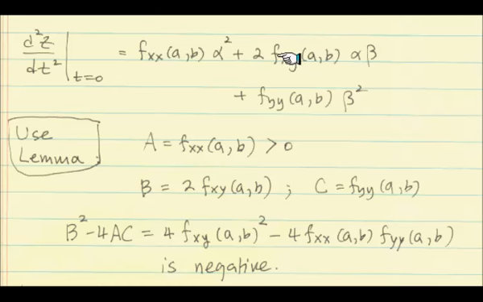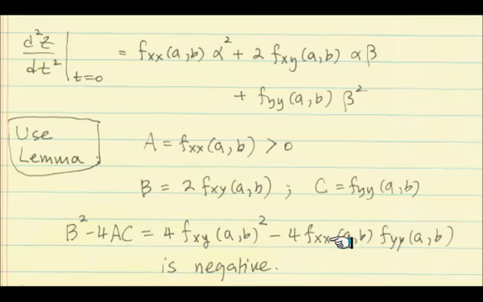So let's consider b squared minus 4ac here. b squared will be 4 times this value squared, and negative 4ac will be these two values, fxx and fyy. So see if we have this quantity being negative.